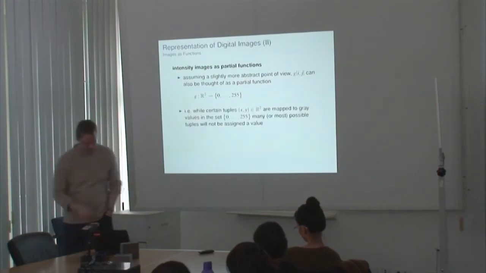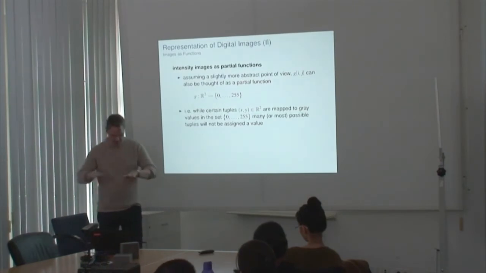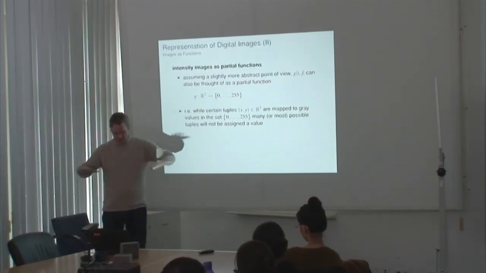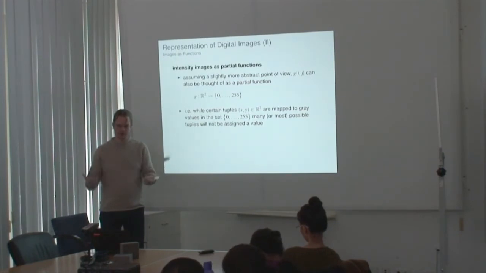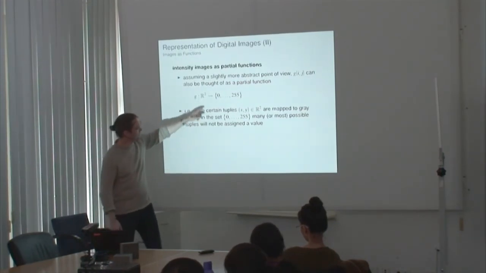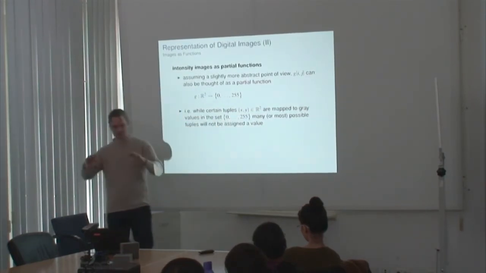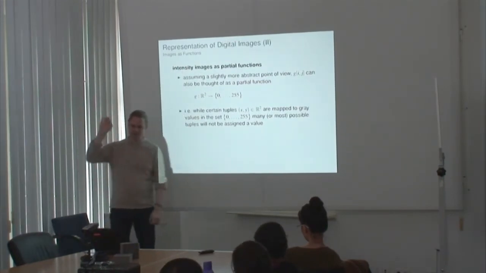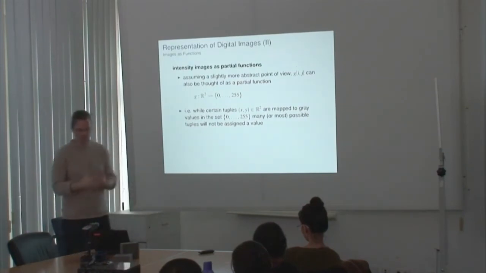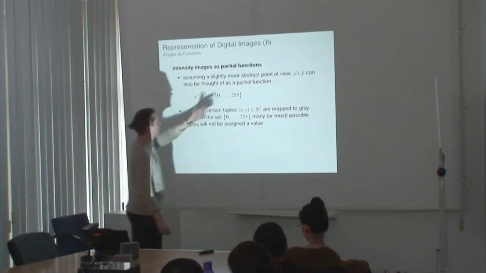A partial function is a function that is defined over a domain, but not for every element of that domain. It is partial. So it is defined over tuples of x and y coordinates in the plane, but not for every possible x and y tuple, only for some of them. This is what makes it a partial function.